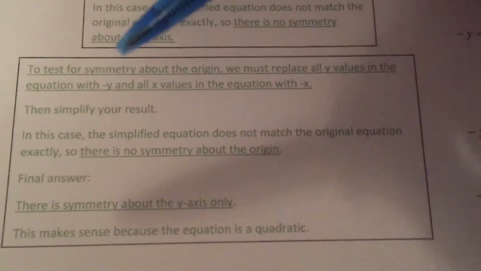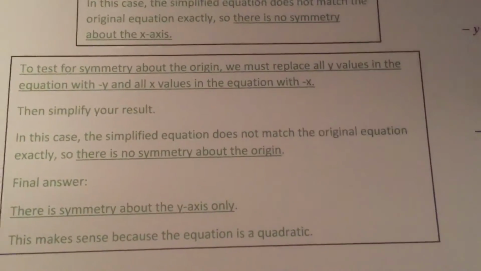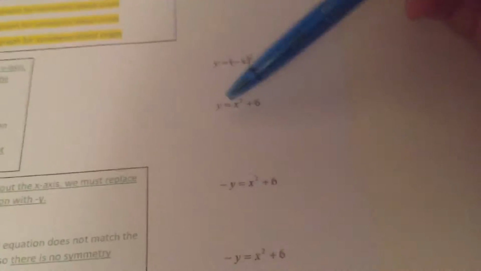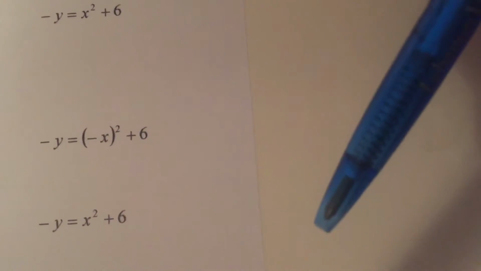Then, to test for symmetry about the origin, we have to replace all y values in the equation with negative y, and all the x's with negative x. So basically, we're just doing both. We're doing our first one, y equals x squared plus 6. We're putting negative y in, and we're putting a negative x squared in.